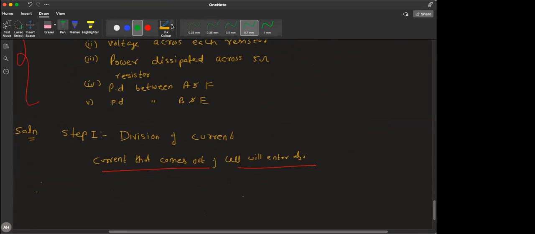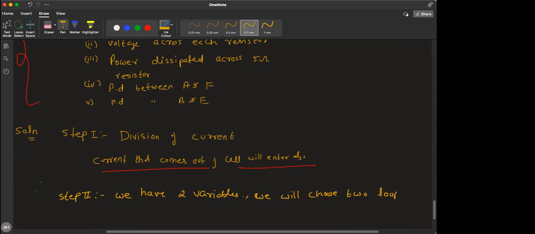In the second step, we have two variables, so we will choose two loops.